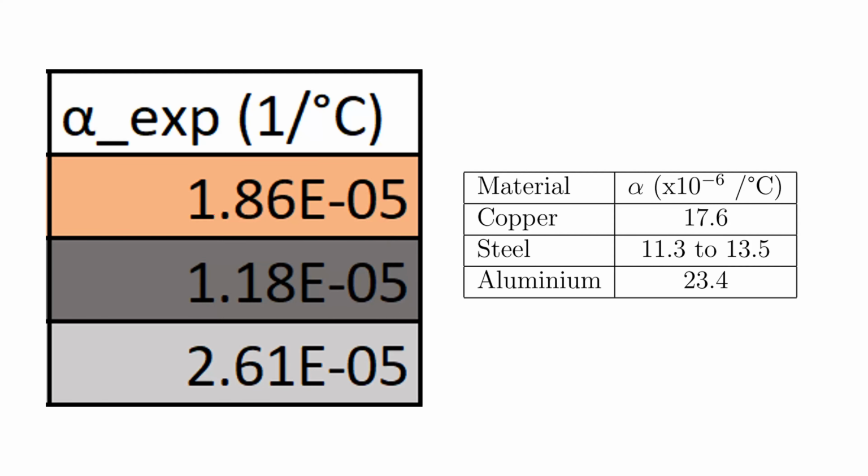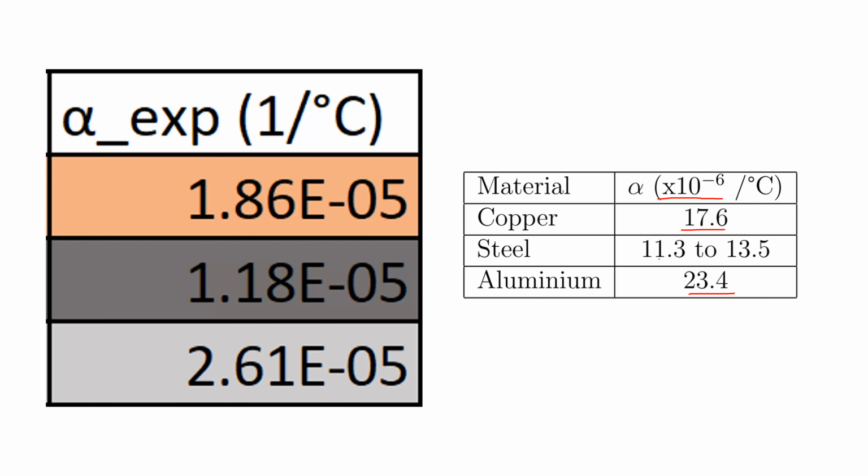They are quite small. These coefficients are quite small. We actually have a list of the expected, theoretical values, which remember are times 10 to the minus 6. For copper and aluminum, it's very clear what the values are.